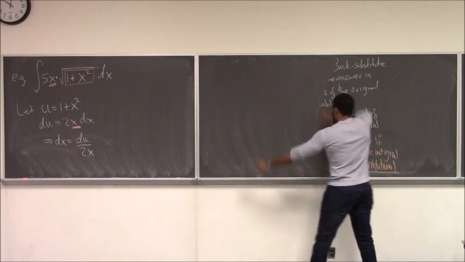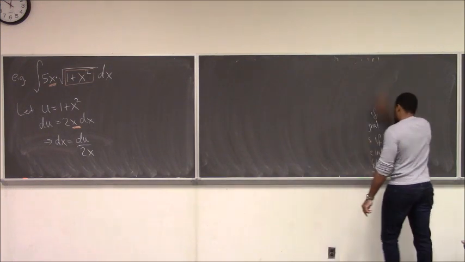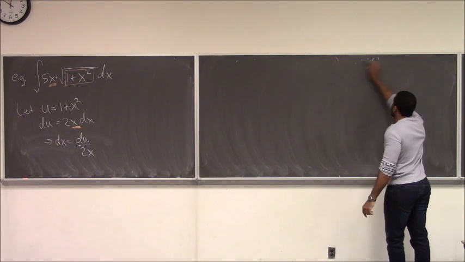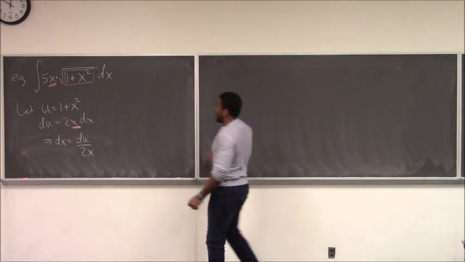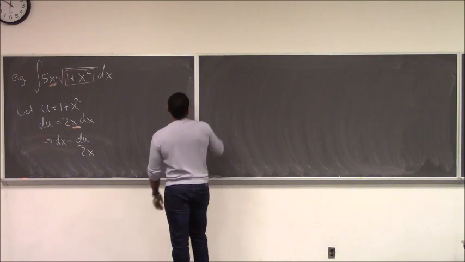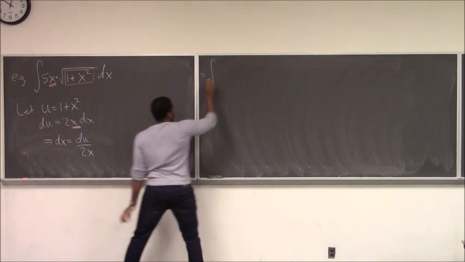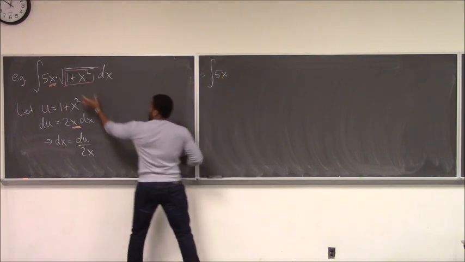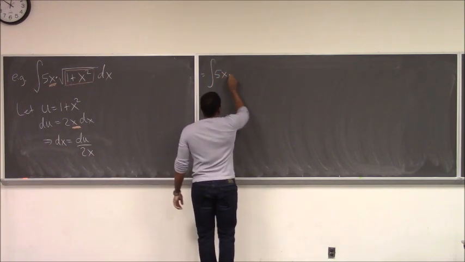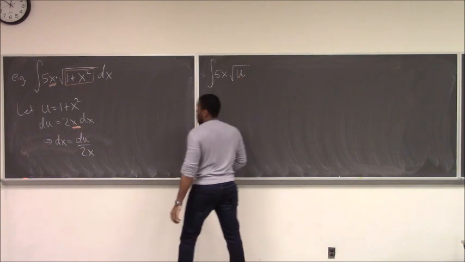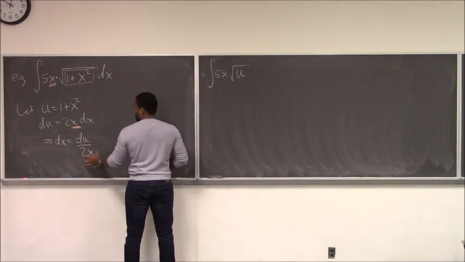So I'm going to start swapping out the things that I solved for. My u is the 1 plus x squared. First of all, the 5x I didn't do anything with. This expression I replaced with u. And the dx can be replaced with this.